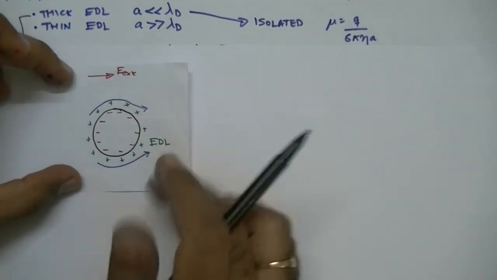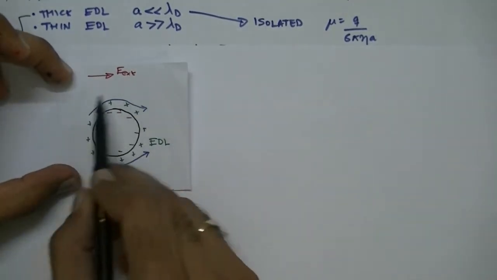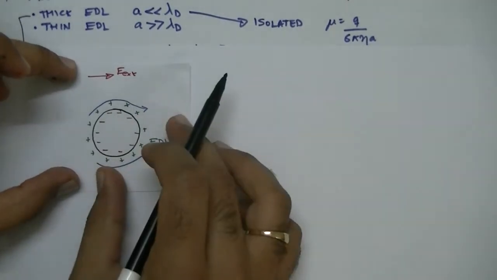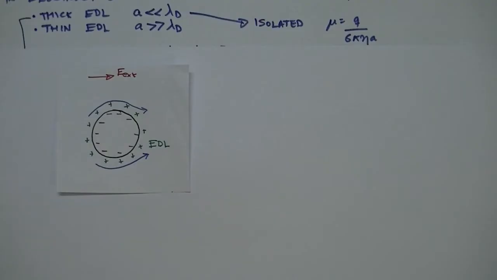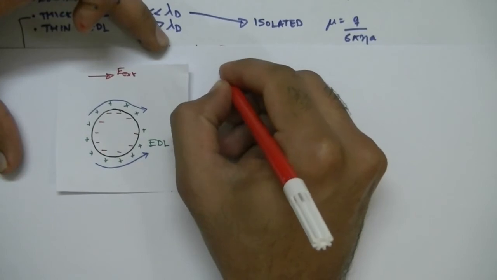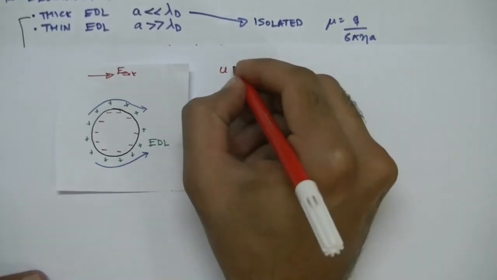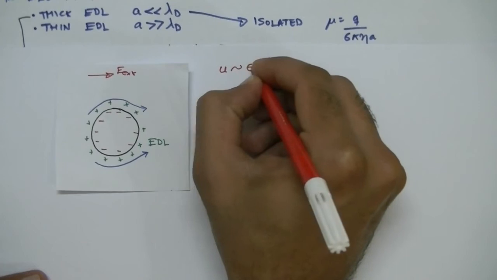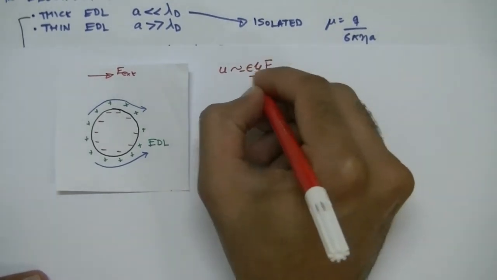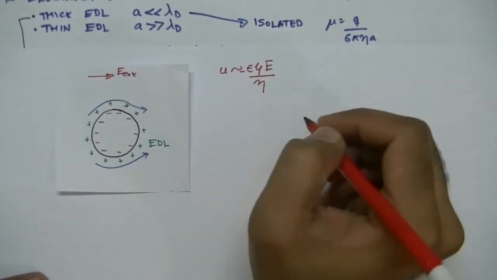Now under the applied electric field, this EDL would lead to an electro-osmotic flow on the surface. If we look at some simple scaling, the electro-osmotic flow will scale as minus epsilon zeta times electric field over the viscosity.